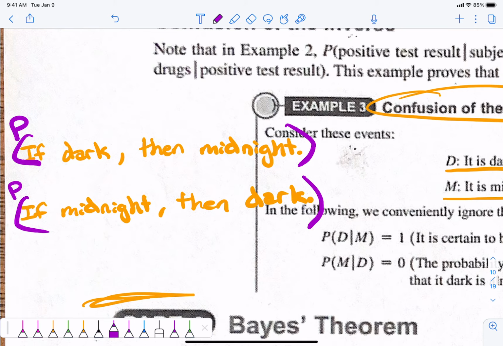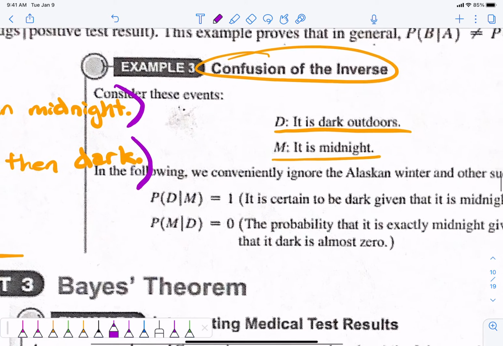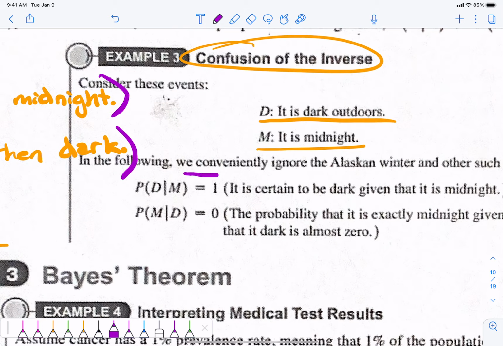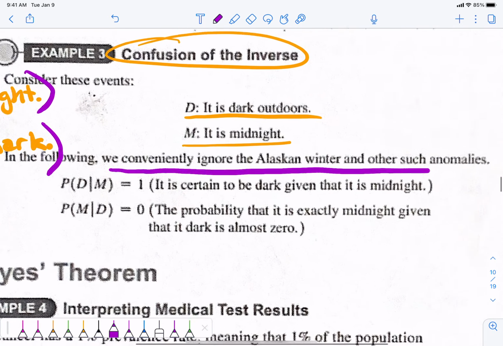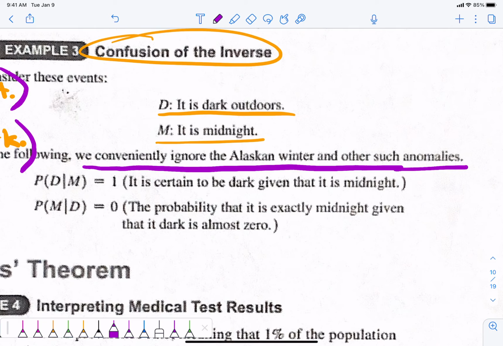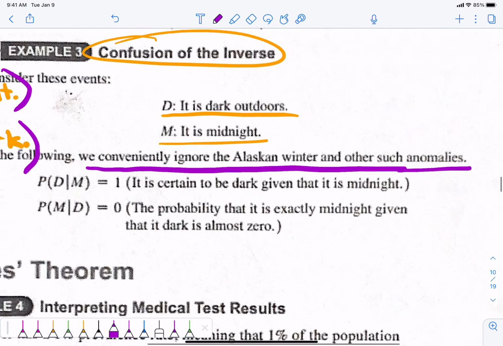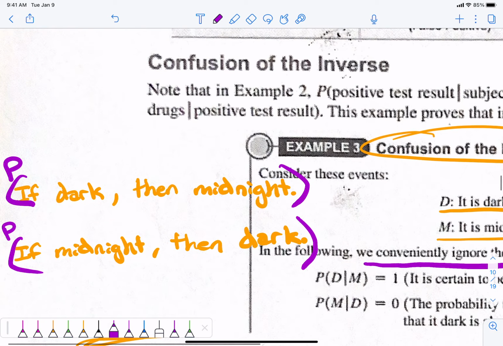One of those has a 100% chance of happening if we conveniently ignore the Alaskan winter and such anomalies. We're not taking into consideration that in some places like Alaska, it is still light out at midnight. We're saying that it is dark at midnight. I prefaced this whole chapter with the fact that we're ignoring crazy weird things that happen.